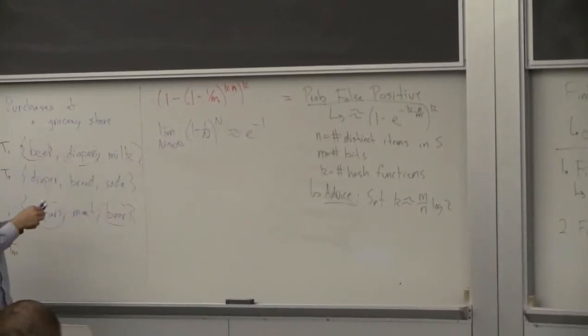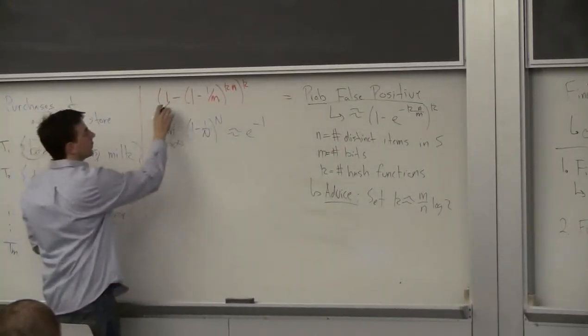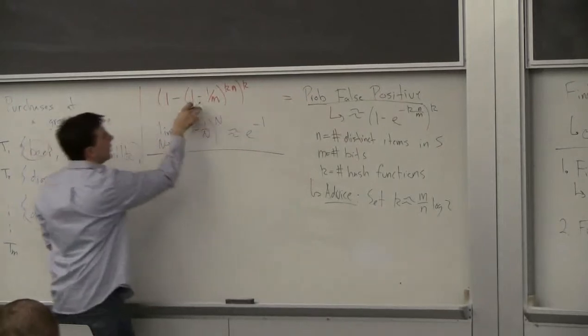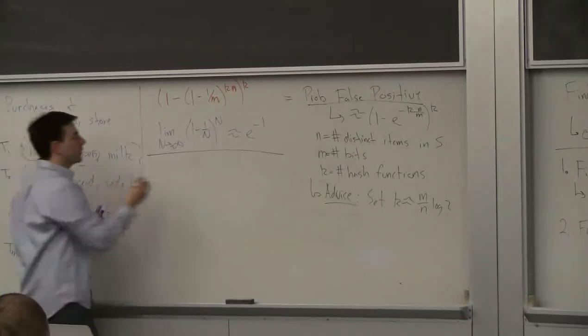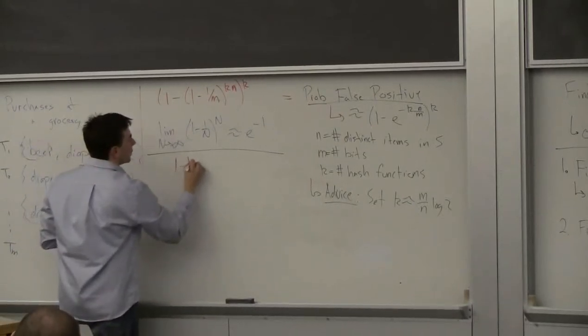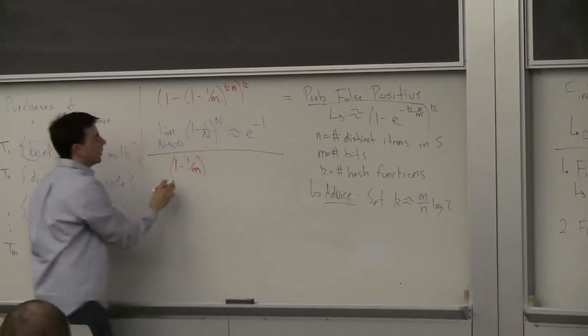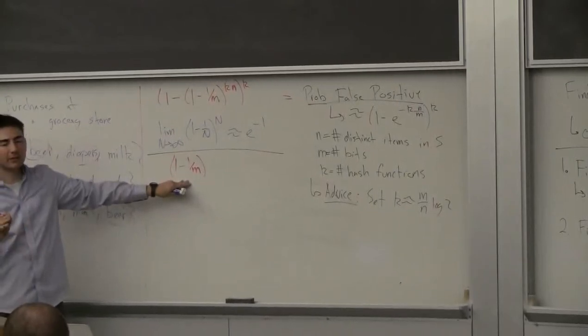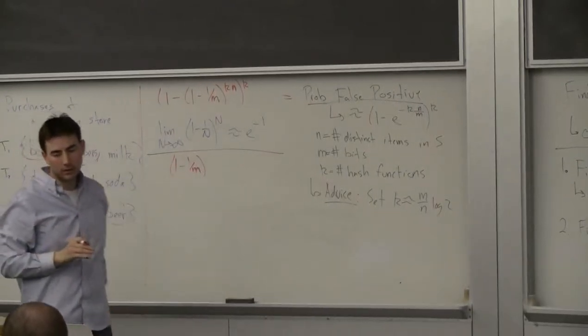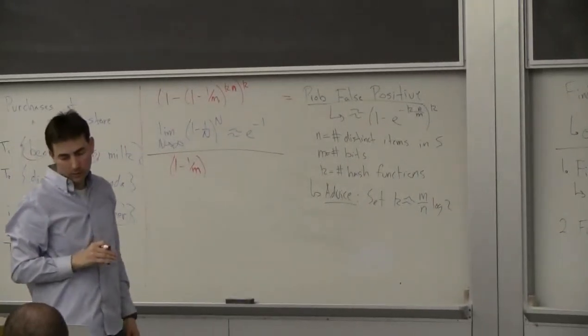Okay? All right, so my goal again is to derive this inequality here. Let's break this down into parts. 1 minus 1 over m is the probability that any bit is not set. Right?